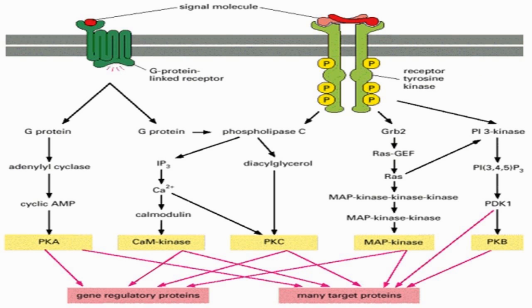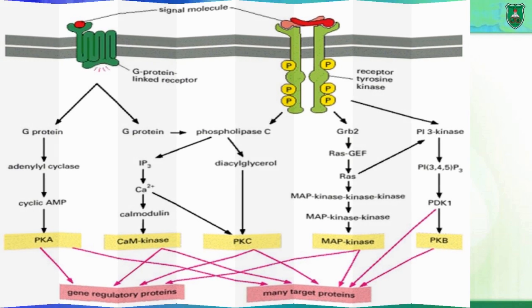You can have a single molecule or a single ligand binding to its receptor, and this receptor can activate multiple pathways like phospholipase C. GRB2 is recruited to the receptor, activating the RAS pathway. And then you have the activation of the PI3 kinase and eventually the PKB. Okay, and you have different effects. This is all balanced. This is all coordinated within the cell, so that you don't have activation of one pathway only.